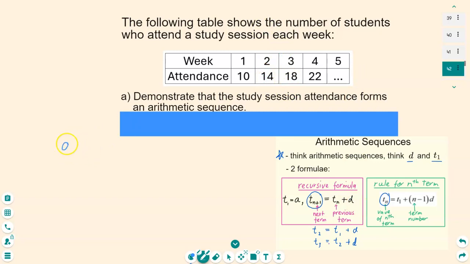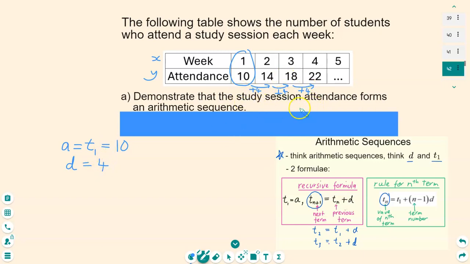We can call the first value A or T1, and we can see that it is 10. Then for our D value, we look at the difference in the Y values. Say this is X and this is Y. We can see that we're adding 4 each time, so the common difference is positive 4.